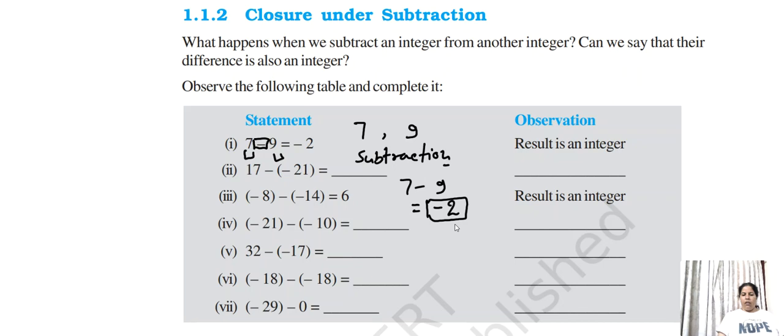Okay, now we will check this when we are taking both the integers as negative. So if one integer I have taken is minus 21 and another integer is minus 10, and then we will apply the minus sign, means we will apply subtraction, then we will get minus 21 and minus 10, and we will go for subtraction between both, means this will be plus 10.